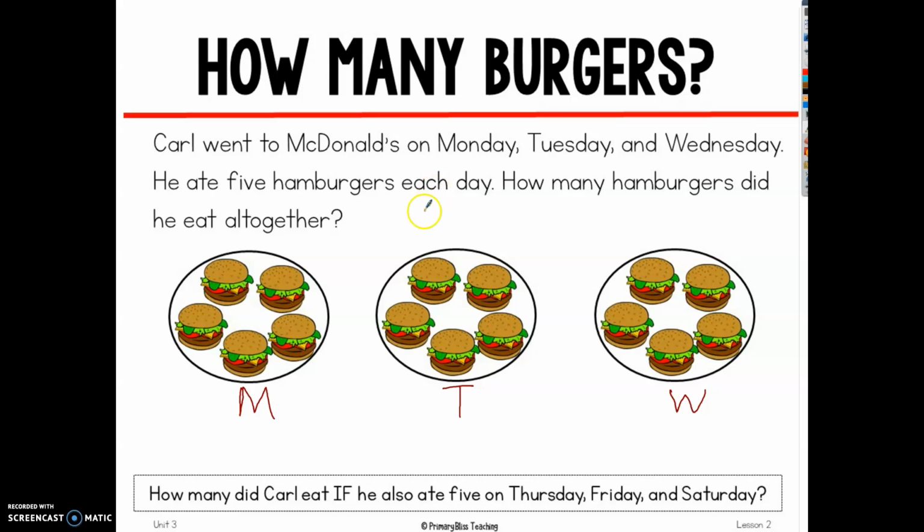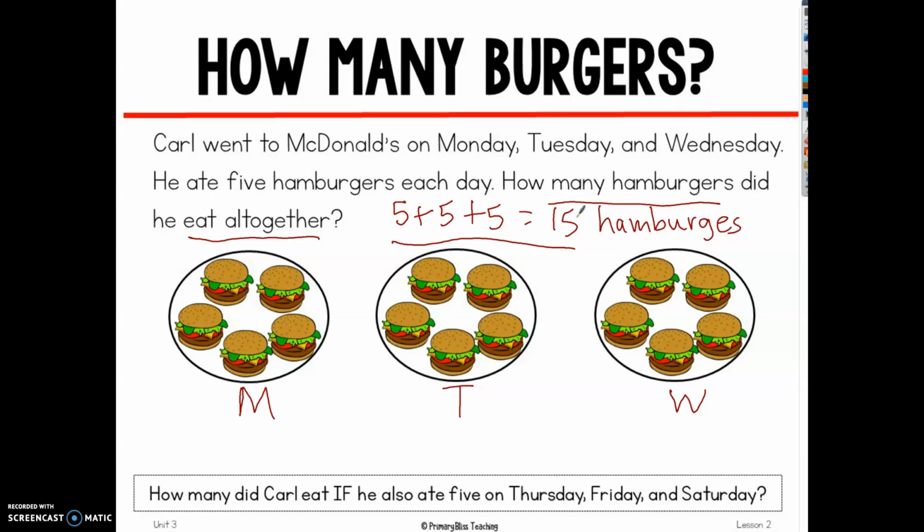So for number models, to figure out how many burgers he ate altogether, I could go 5 plus 5 plus 5, which equals 15 hamburgers. Remember, we need our unit because we want to know how many hamburgers he ate. So that's one number model.